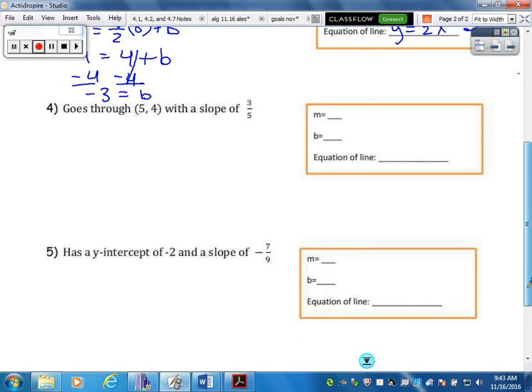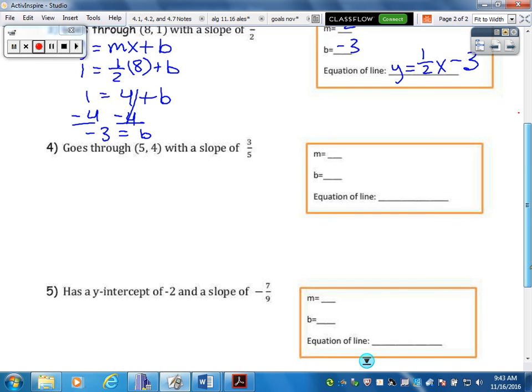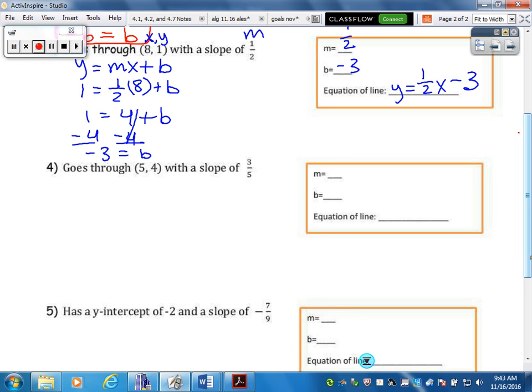Okay. Example 4 goes through the point (5, 4) with a slope of 3/5. So same idea. My y value is 4 equals m, 3 over 5, x is 5, plus b.